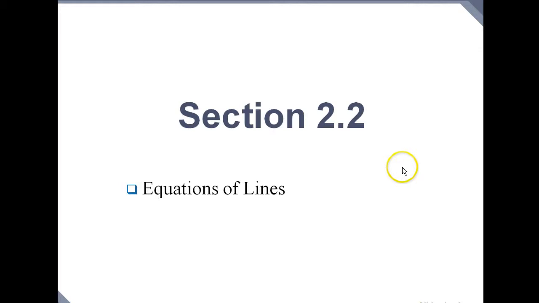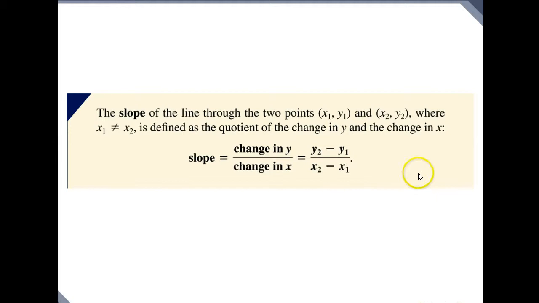Okay, we're going to take a look now already at section 2.2, equations of a line. Now, this was the formula 3 that I mentioned in that first slide, where M is the letter we use for slope, and it would be change in y units over change in x units, which is rise over run.